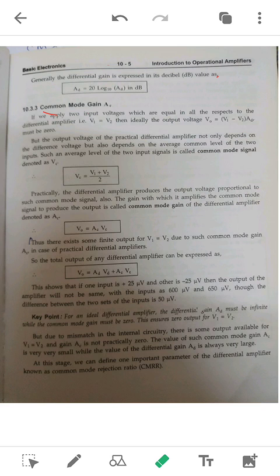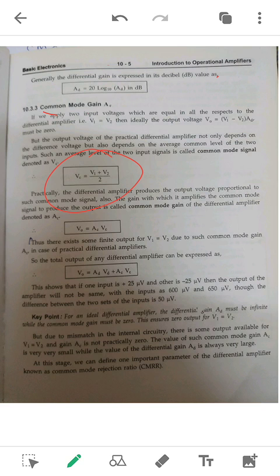The output voltage of the differential amplifier depends not only on the difference voltage but also on the average common level of the two inputs, given by Vc. Here you can observe Vc equal to (V1 plus V2) divided by 2. That equation is nothing but the average.